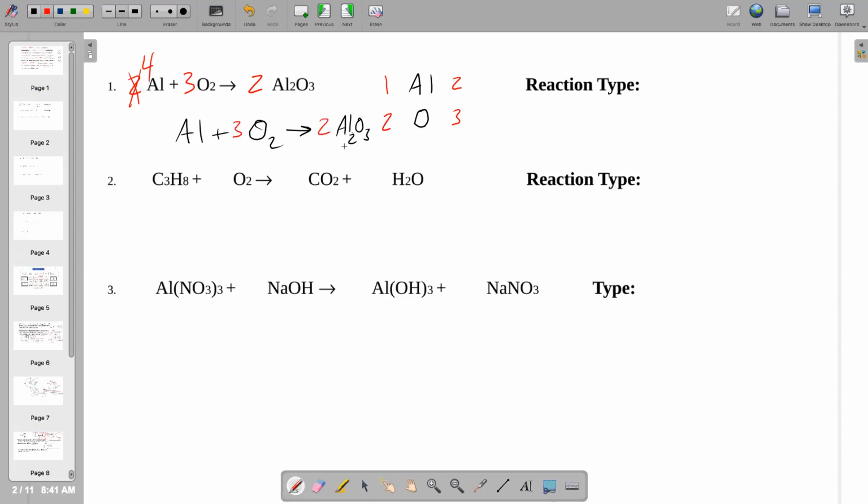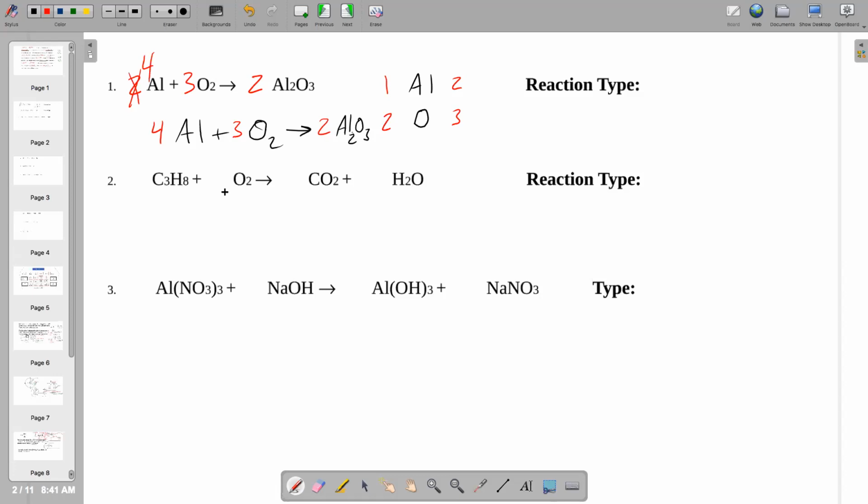And then when you balance the aluminums, 2 times 2 is 4, you can just put a 4 here. So instead of going in order, you sometimes have to fix one first. You can look to see which of the chemicals is going to require a coefficient in front of both places, because the least common multiple is a multiple of both of the values. I'll show you other places where you can see that too.